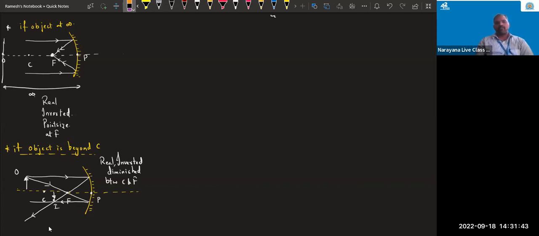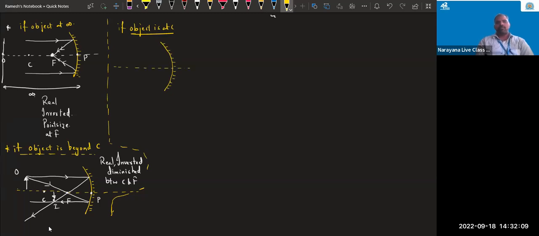I mean at C. Where do I have to bring it? Third case. If the object is at C. If the object is at C, this is one concave mirror.